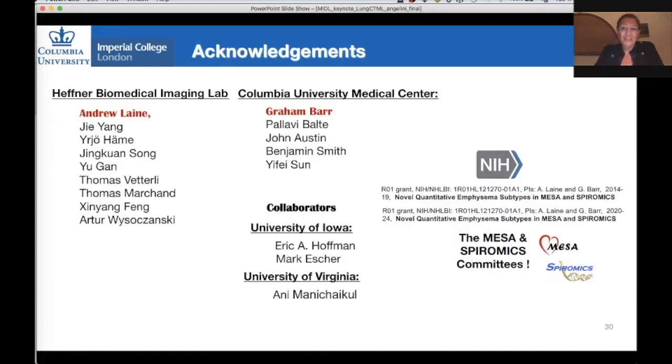And finally, acknowledgements. All this work was done in the Heffner Biomedical Imaging Lab at Columbia University, directed by Andrew Laine, and most of the work was performed by 2 PhD students, Jie Yeong, who is now at Google, and Hiro Hammer, who worked initially on the HMMF segmentation framework.